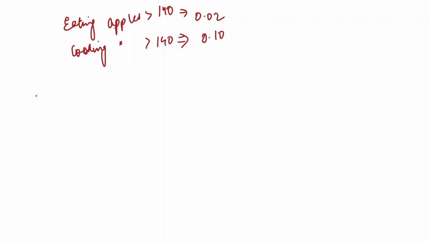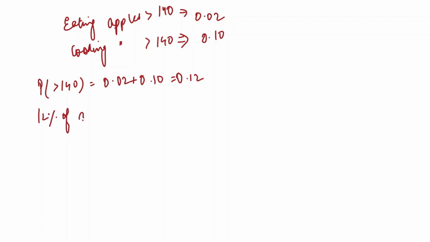So, the probability of greater than 140 grams will be 0.02 plus 0.10, which is equal to 0.12. So 12% of all apples end up in the container, right?